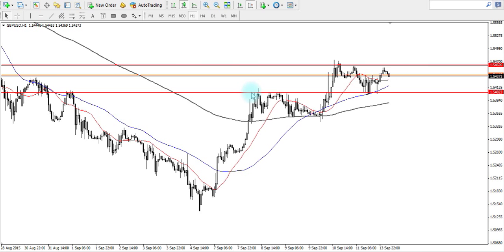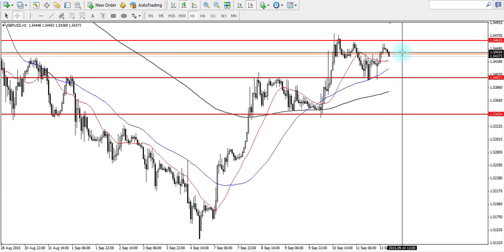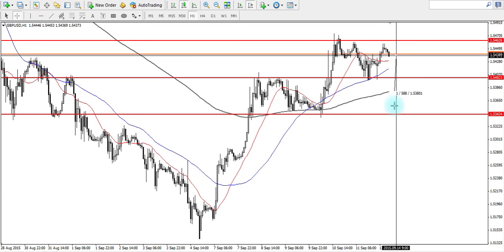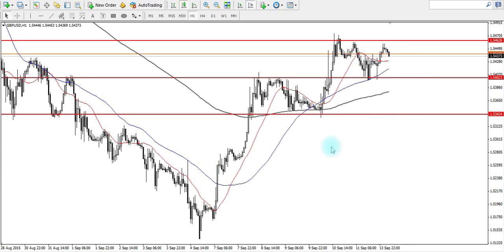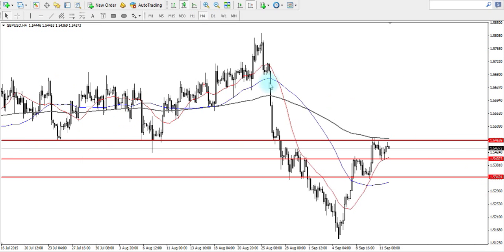Basically these two levels. That is still a pretty good 90 pips of profits to be made if it reaches the final level right here. And that's pretty much for the pound dollar for today.